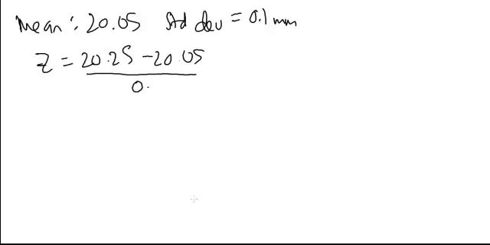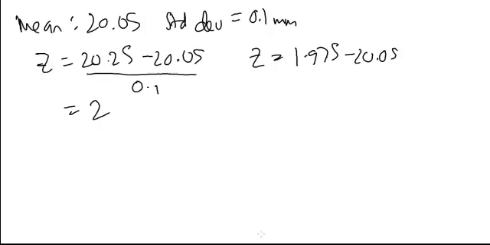So I want Z equal to 20.25 minus 20.05, which is 2. And for the lower limit, it should be 19.75.